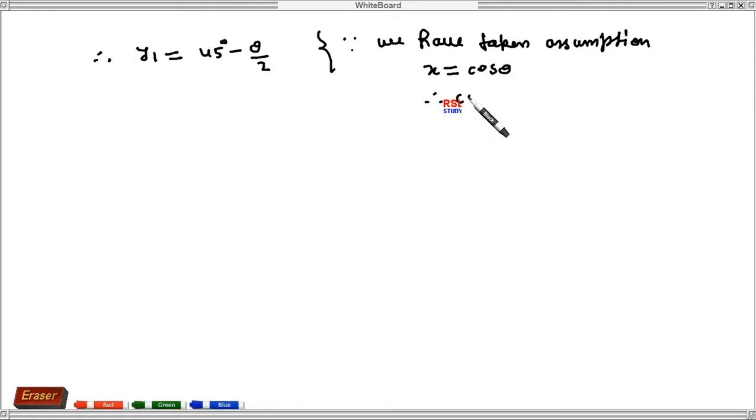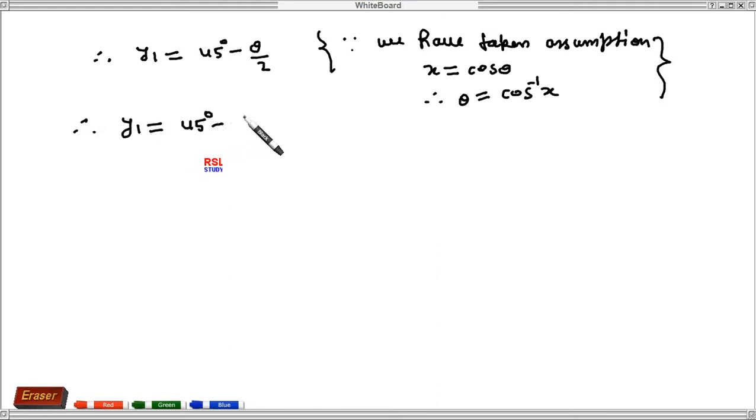We have assumed x equal to cos theta, so theta will be cos inverse x. So you can write y1 equal to 45 minus 1 by 2 cos inverse x. Hence now your function is in terms of x, so you can differentiate with respect to x.